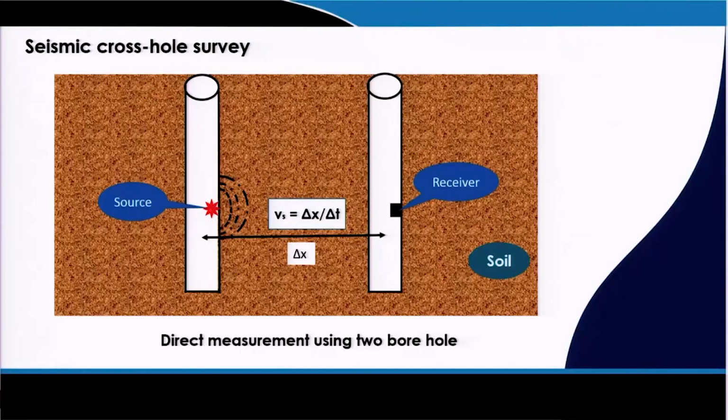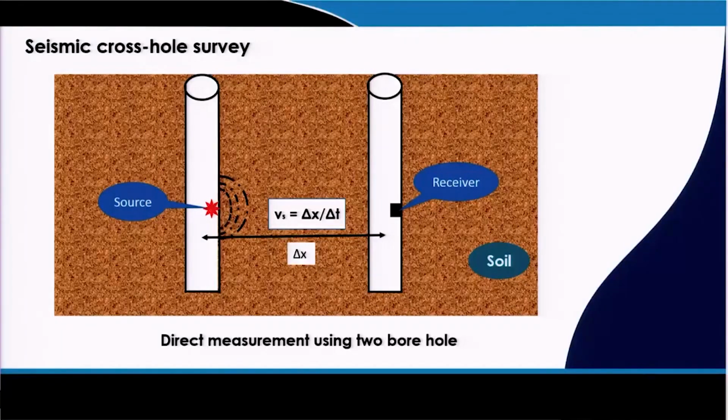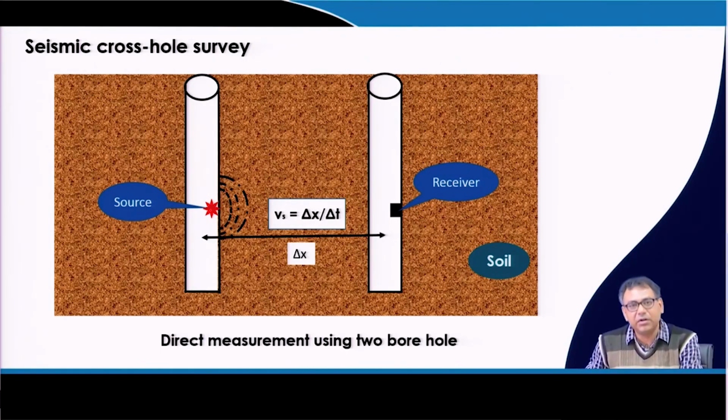But in the seismic cross-hole survey, we have to go for the borehole, so it will take more time. So, here we can identify the change of the layer also, as we are going for the borehole. We have the borehole data and the soil profile, we can identify, and at the required point we can measure the velocity also, but it is time consuming.